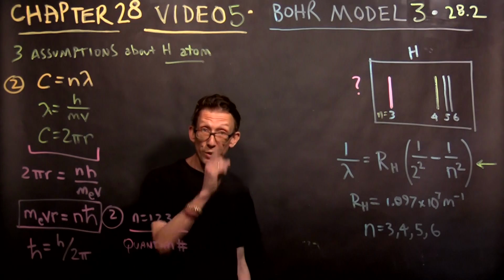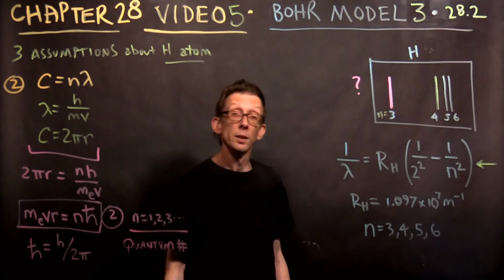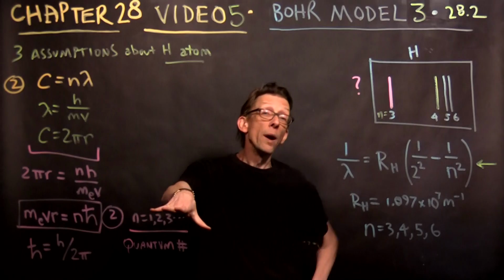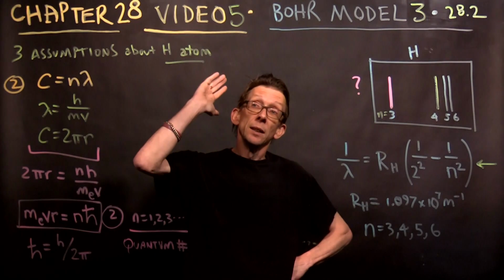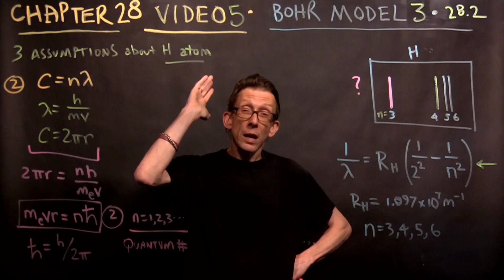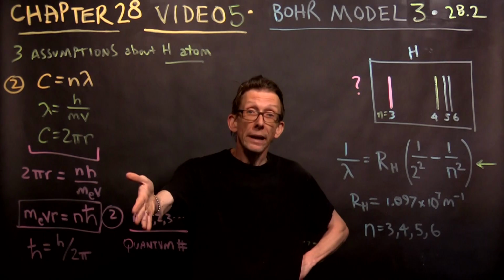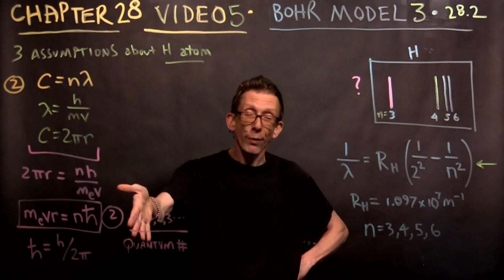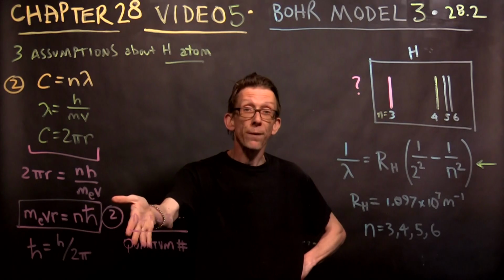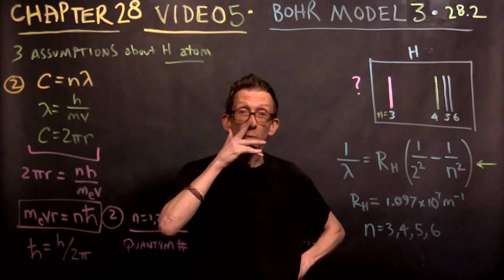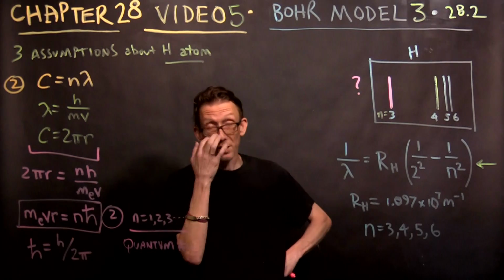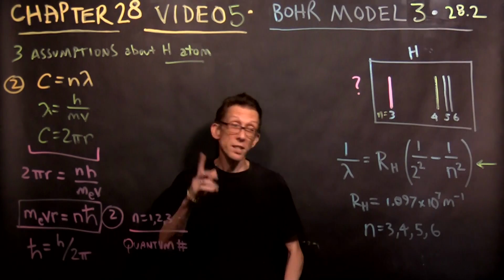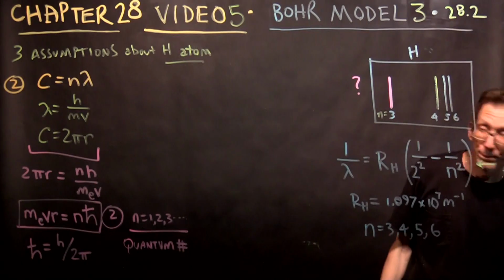We'll see other quantum numbers, but this is precisely what you call in chemistry the principal quantum number, n. You've seen it before. This is where it first came up, in Bohr's model of the atom. That's where n comes from. It's the same n.